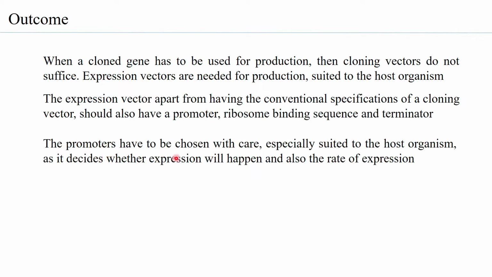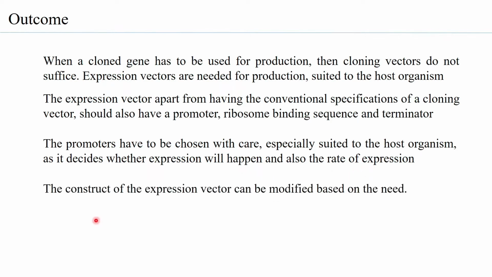The promoters have to be chosen with care, especially the promoters have to be such that they are active in the host. That means they are recognized by the machinery of the host organism, as it would decide whether expression will happen and at what rate the expression will happen. The construct of the expression vector can be modified based on the need.